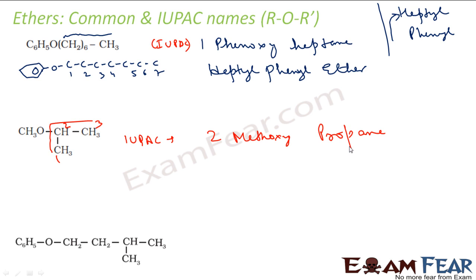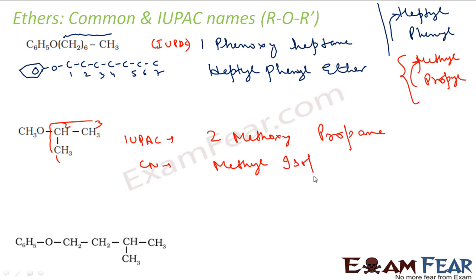Let's go for the common name. So for common name, this side I have methyl and this side I have propyl. It's actually isopropyl, but that won't make a difference here. Right? So A, B, C, D, E, F, G, H, I, J, K, L, M, M comes first. So it will be methyl isopropyl ether.